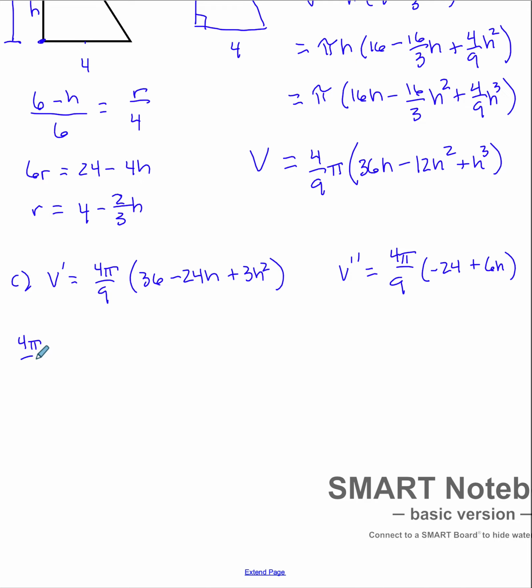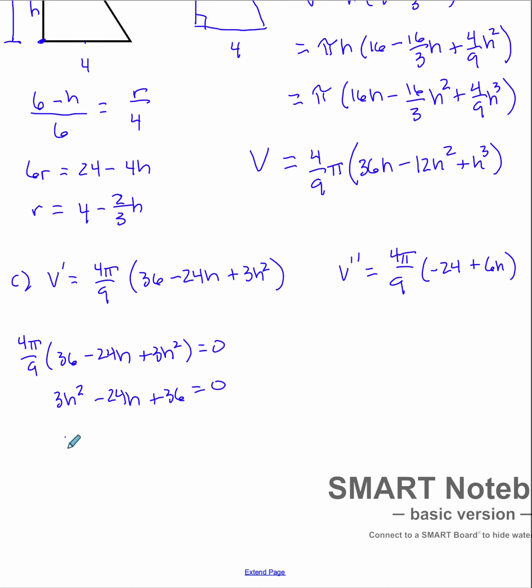So 4 pi over 9 times 36 minus 24h plus 3h squared equal to 0. If I divide both sides by 4 pi over 9, I'm just left with this guy, which I'm going to rewrite as 3h squared minus 24h plus 36 equal to 0.